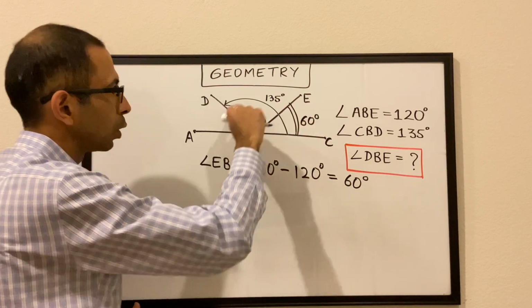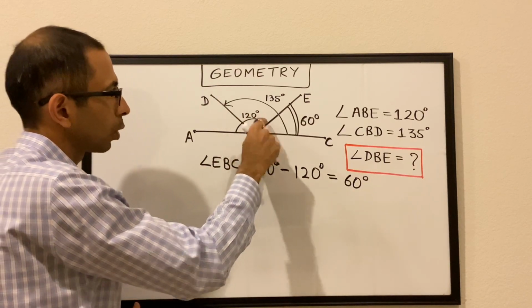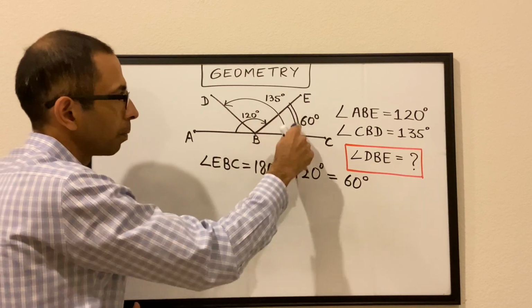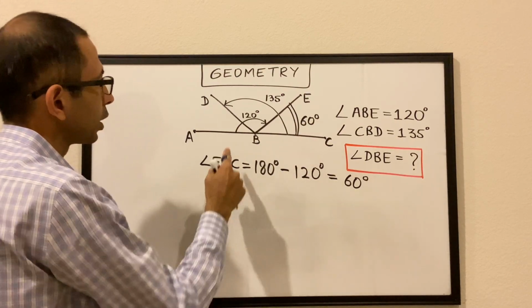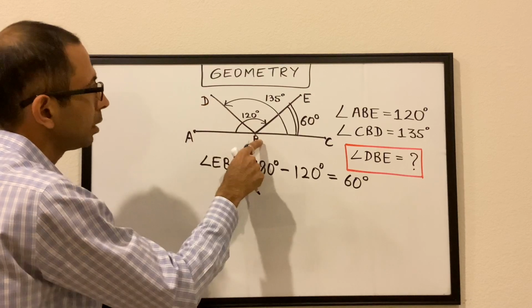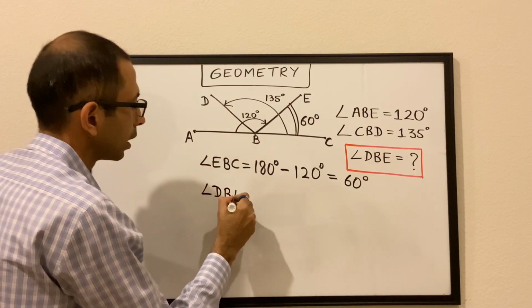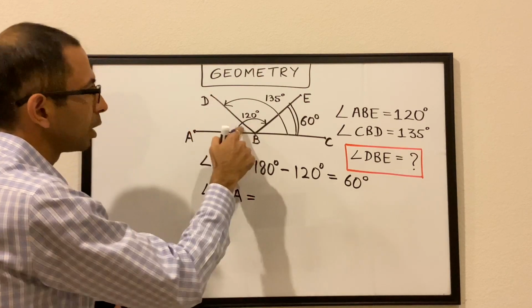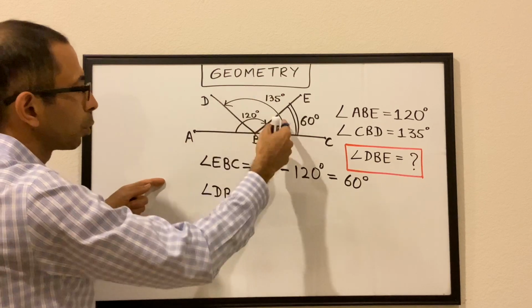Why? Because we know that the total angle is 180, and if this portion is 120, the remaining portion has to be 60 degrees, correct? With the same logic, we can find angle DBA, which will be equal to 180 degrees minus this portion.